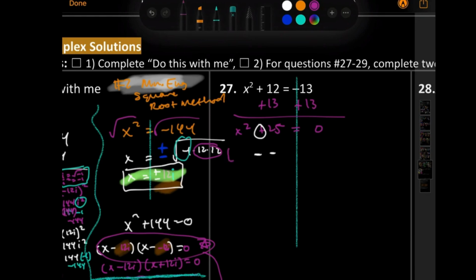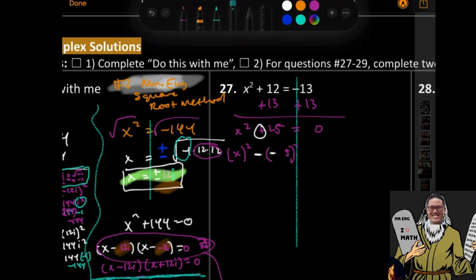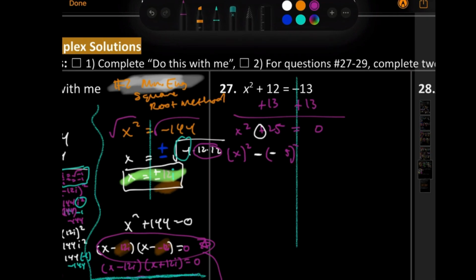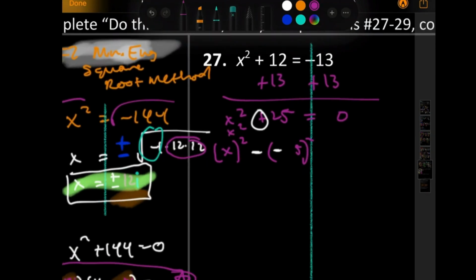So now I have x squared minus negative 25. I'm sorry, that is wrong. I guess I skipped a step. Sorry. x squared minus minus a negative 25.